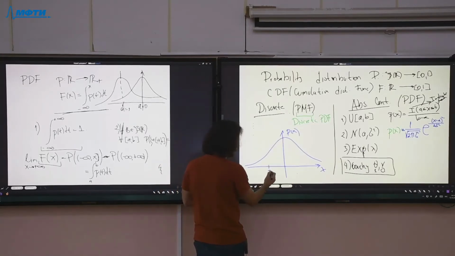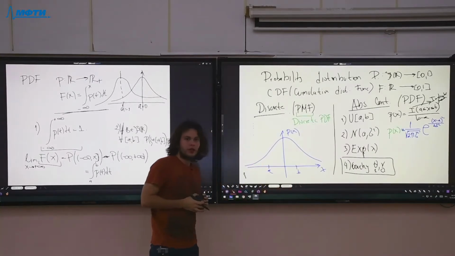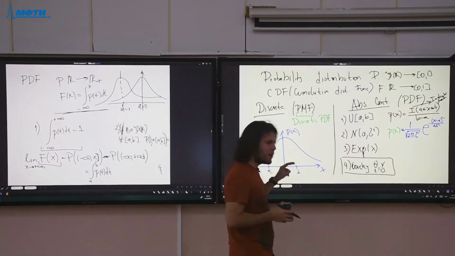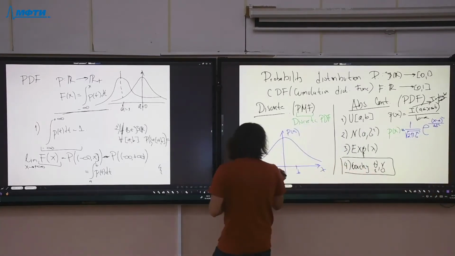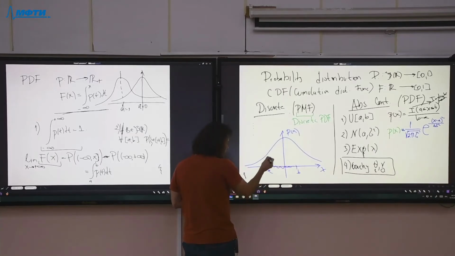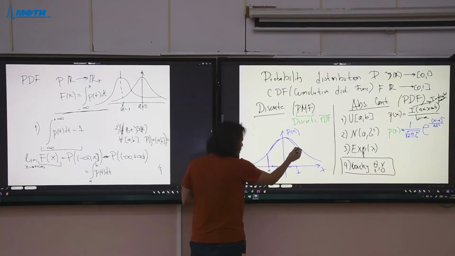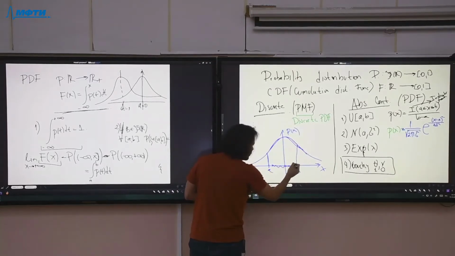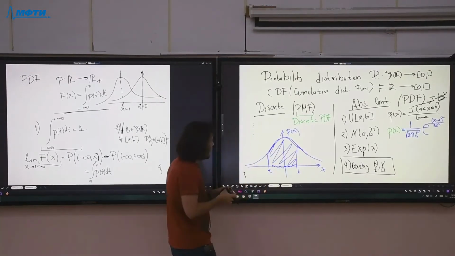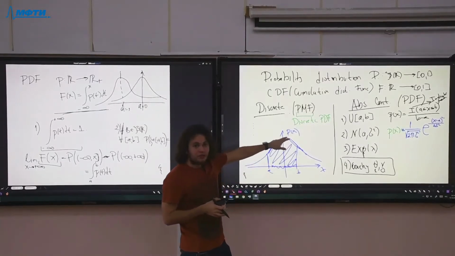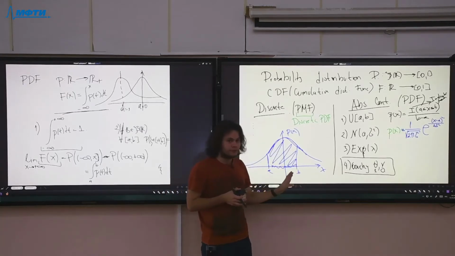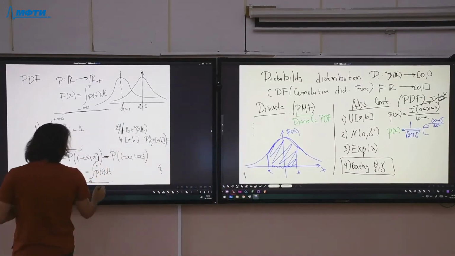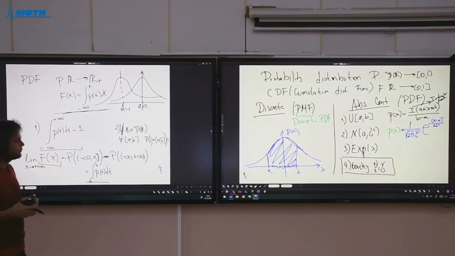And this is A and this is B. So the probability that this random variable with such distribution belongs between A and B is equal to this area, the integral from A to B of this function, right? So this area gives us the probability that this random variable is between A and B. Okay, so this is what is written here.